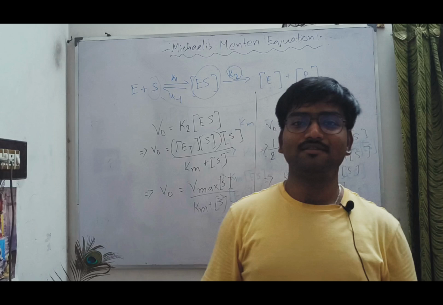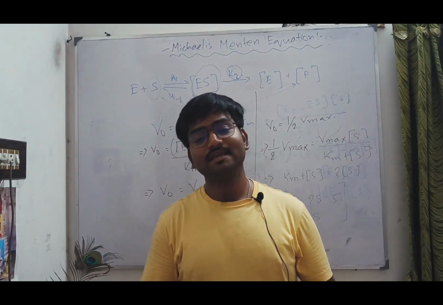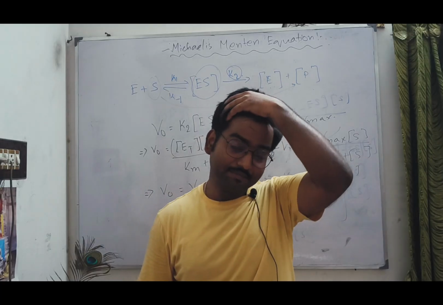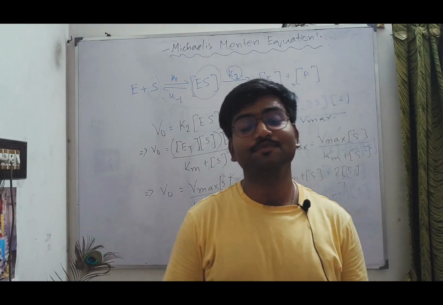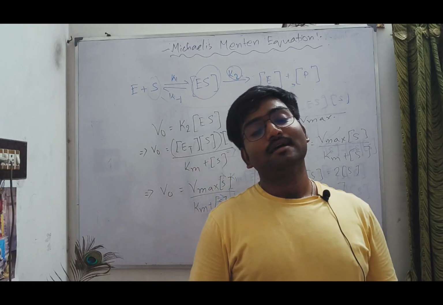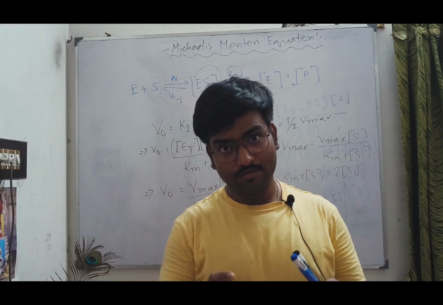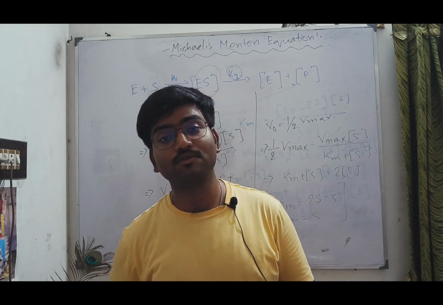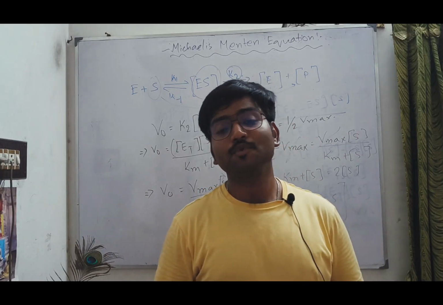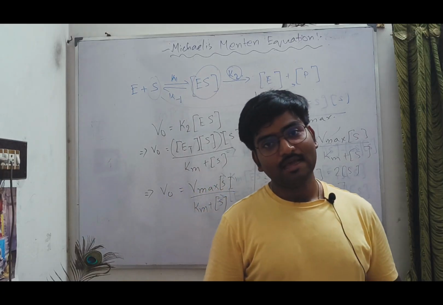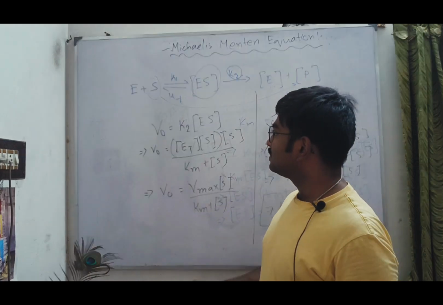So let us recall all the things we have learned. Today's session covered what an enzyme is, how an enzyme works, what the different types of enzymes are, and how to derive the Michaelis Menten equation, because the Michaelis Menten equation is very important to know at which concentration the enzyme is acting properly with the substrate, and what the maximum capacity of an enzyme is.